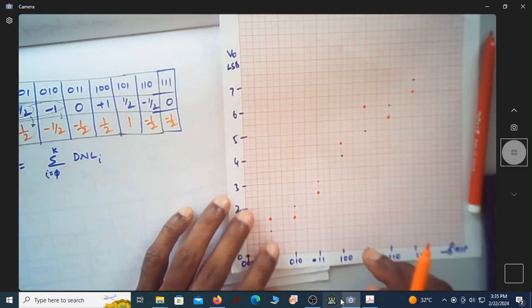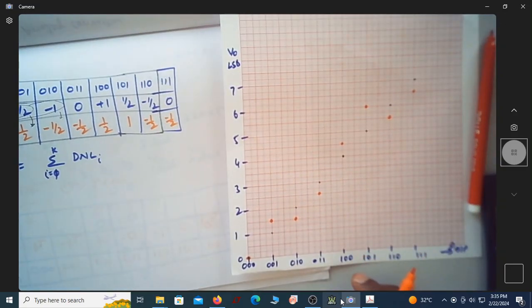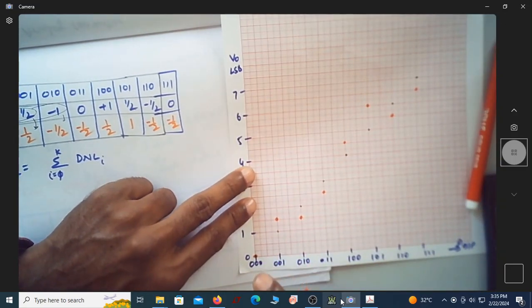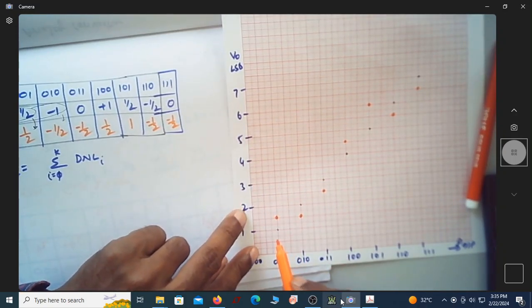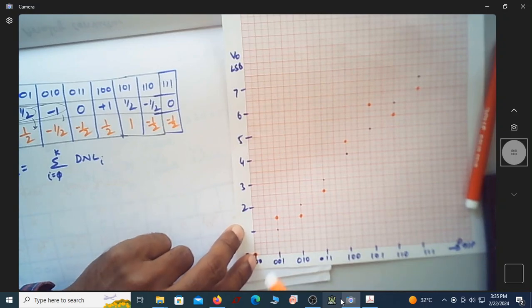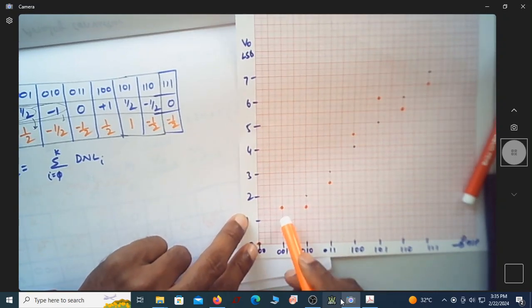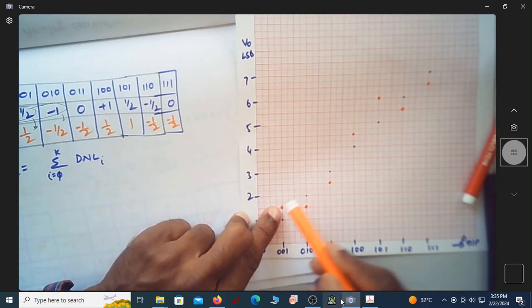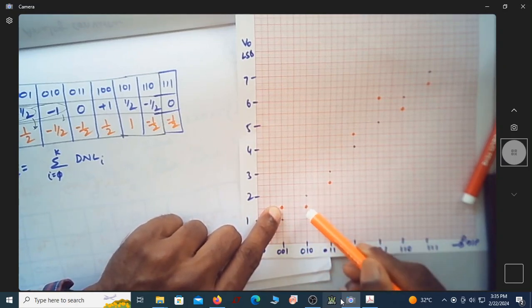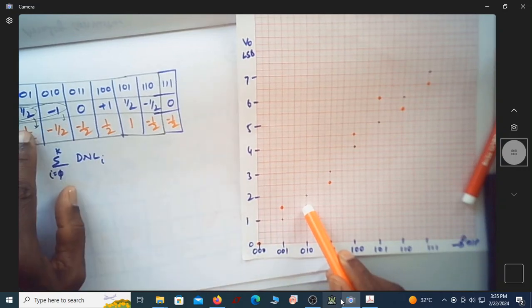So this is how we are writing the values. You can find out the DNL: this is your bit, it was supposed to be here, now the DNL is half LSB. With this as the bit, the output would have been here, but the output is here, so you have minus 1 LSB.